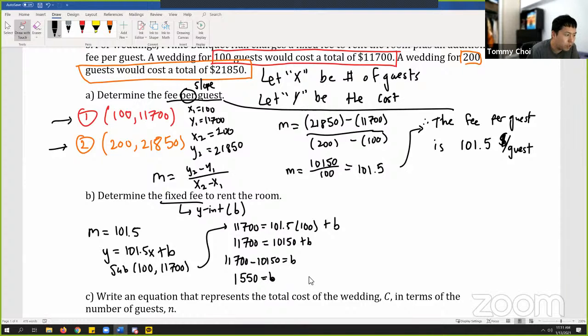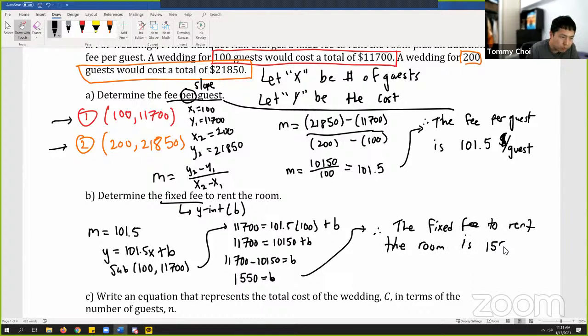So we have our b value. Therefore, the fixed fee to rent the room is $1,550.